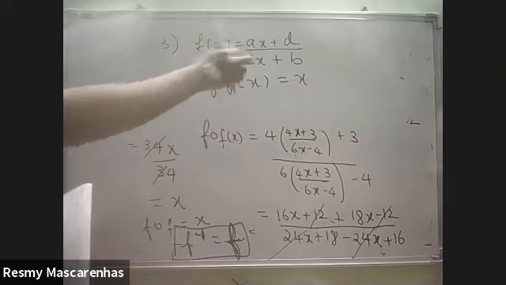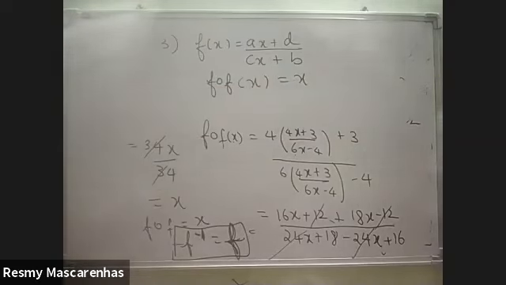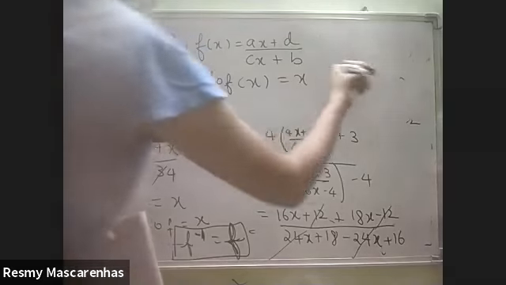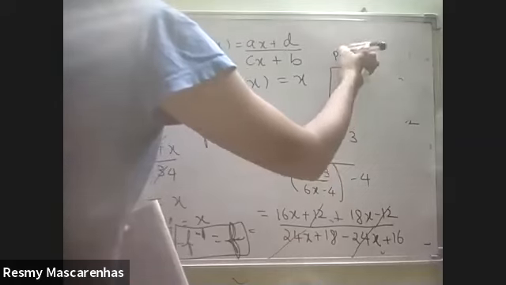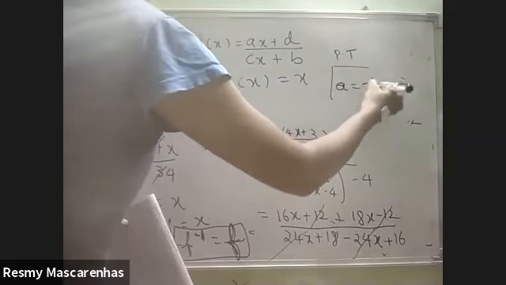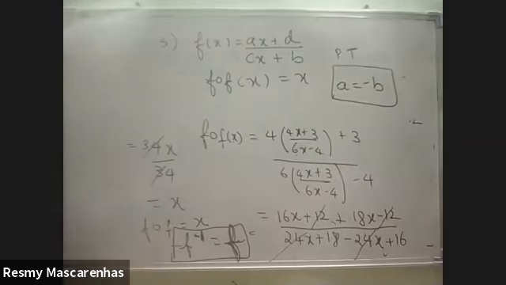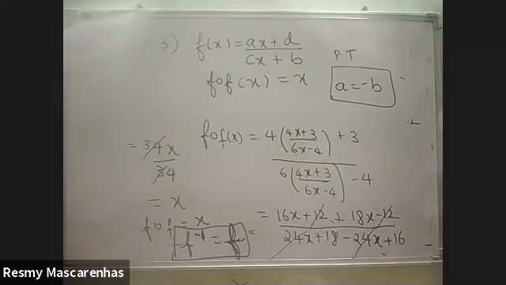So what you find is, first you find f o f and equate the answer equal to x. Then we'll have to find a relation. Sometimes they also tell you to prove that the relation is a is equal to minus b. The answer you have to prove is a is equal to minus b.